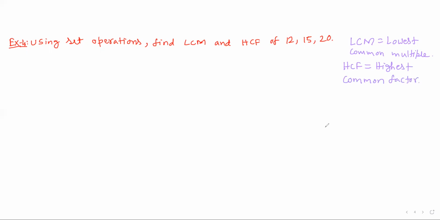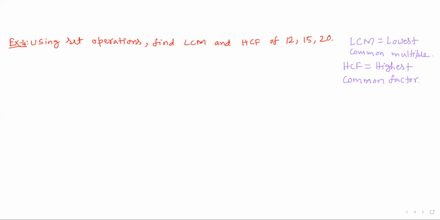So LCM, we have to calculate LCM. That means we need to calculate the multiple of 12, 15, 20. Then from that multiple we have to take out the common multiple, and from that common multiple we have to take the lowest value, and that will be the LCM.